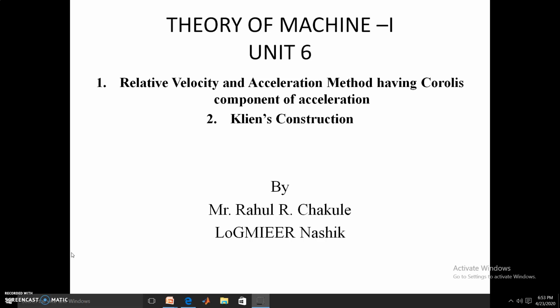The method that we have seen in unit number 5 is the relative velocity and acceleration method.